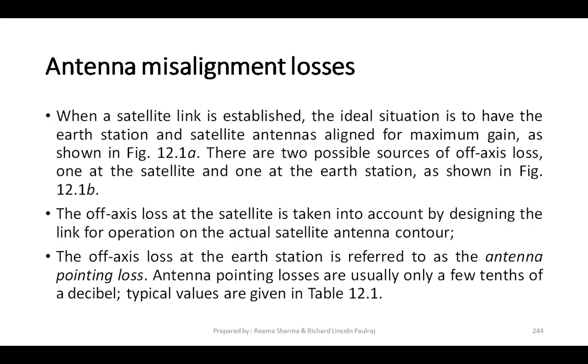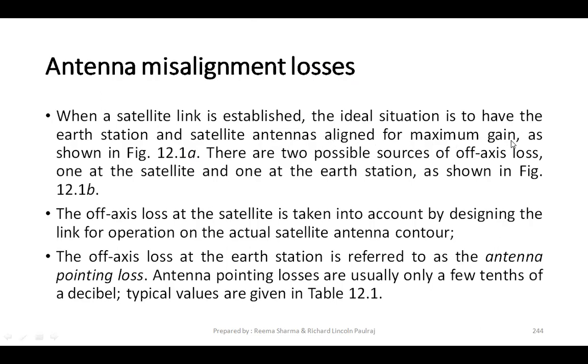When a satellite link is established, what can cause misalignment losses? When the antennas are not in proper position and are not focusing on each other, there can be something called misalignment, so there's no proper straight line of sight between them. The ideal situation is to have earth station and satellite antennas aligned for maximum gain.